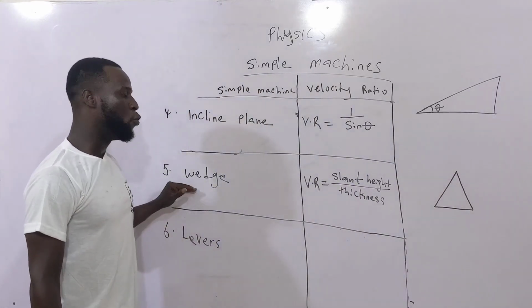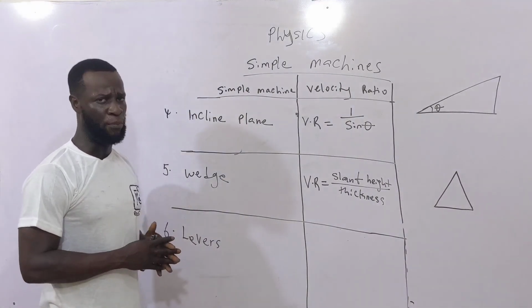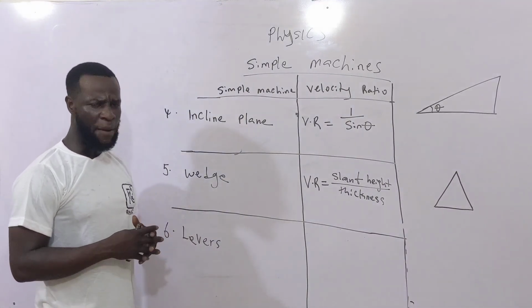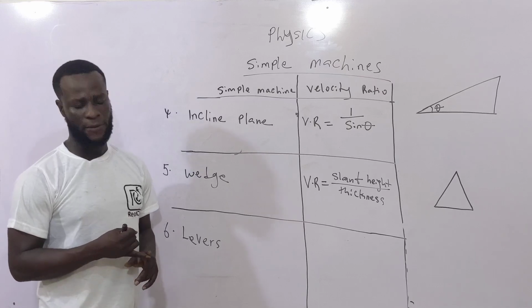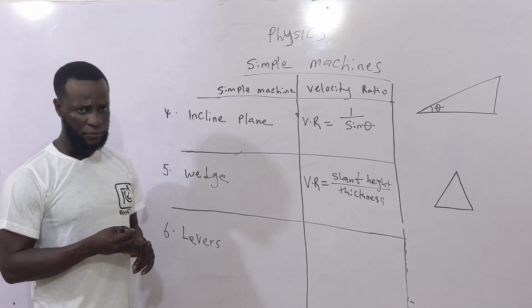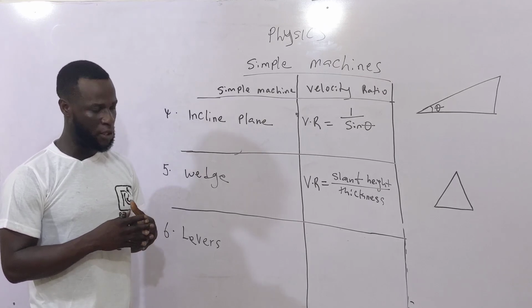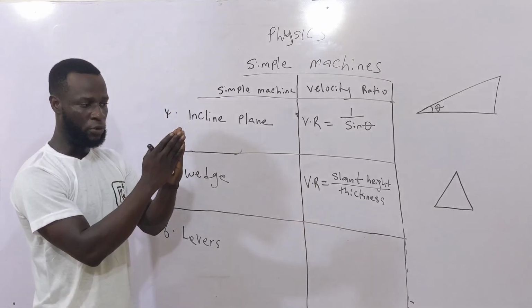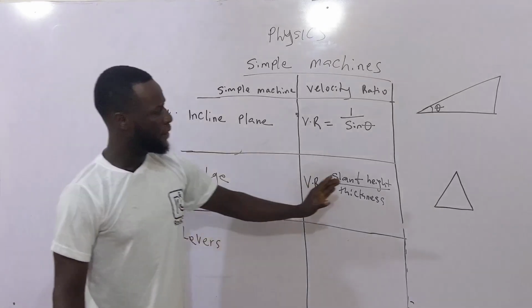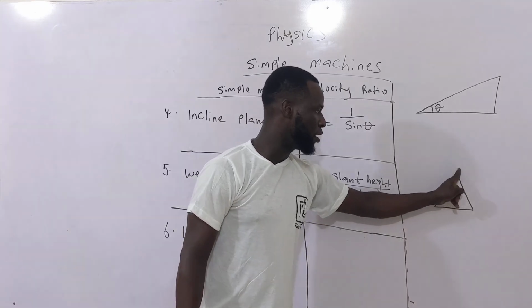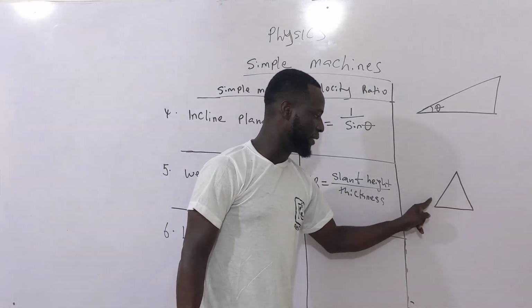We also have a wedge. A wedge is an example of a simple machine. Examples of wedge will include the axe, knife. All of these are wedges because they narrow down to their sharp ends. This is a wedge. Look at this end and look at this end.